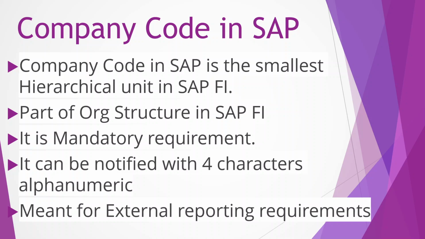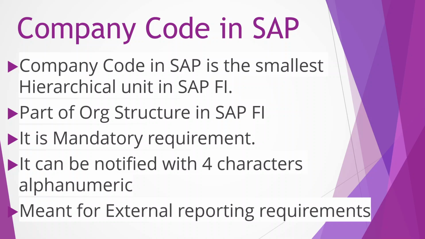So what is basically a company code in the SAP system? Let us understand that in detail. Company code is basically the smallest, or maybe the tiniest, hierarchical unit in SAP FI. It is part of the org structure in FI.